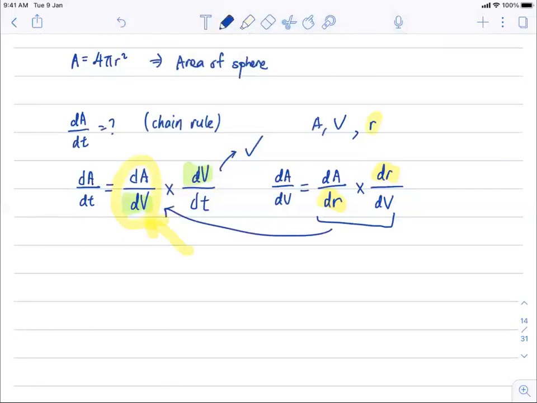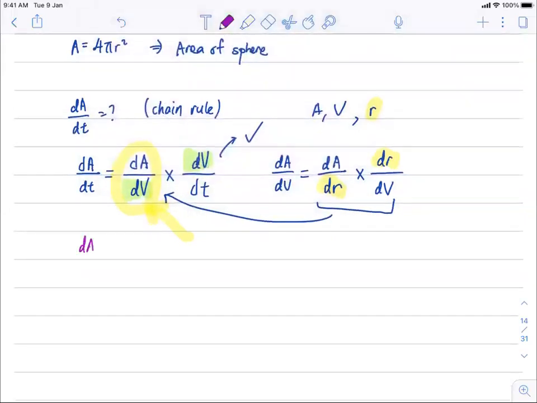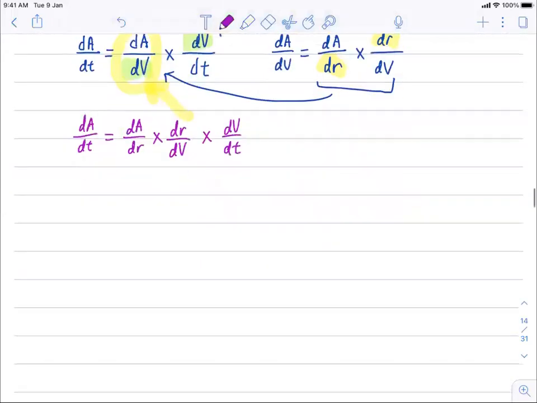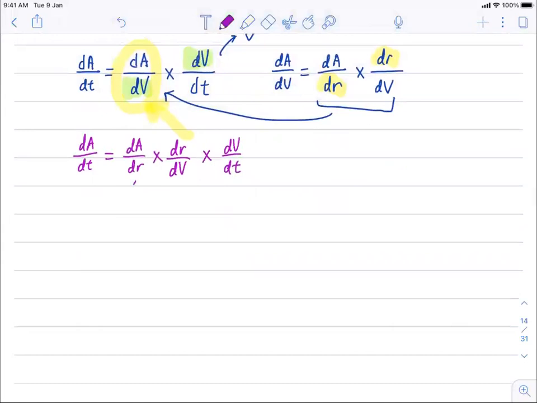So the equation will look like this: dA over dt is equal to dA over dr multiplied by dr over dV multiplied by dV over dt. So now all we need to do is find dA over dr, dr over dV, and dV over dt. After we find these three things, we are able to find dA over dt.